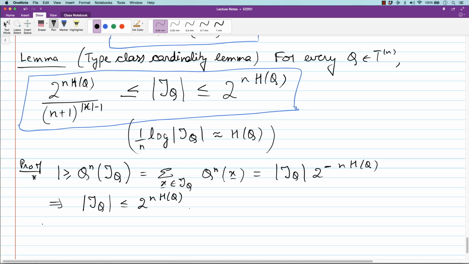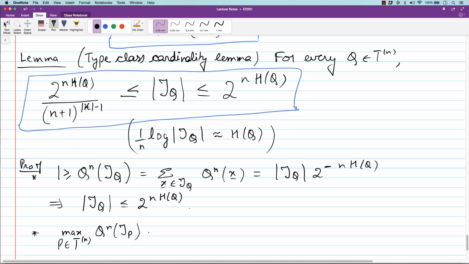The second part of the proof is slightly more involved, just slightly, not too much. And it requires the following observation. You look at the probability under Q^n of a type set with type P and look at the max of this over all P in the type set. Question is, which distribution maximizes this?